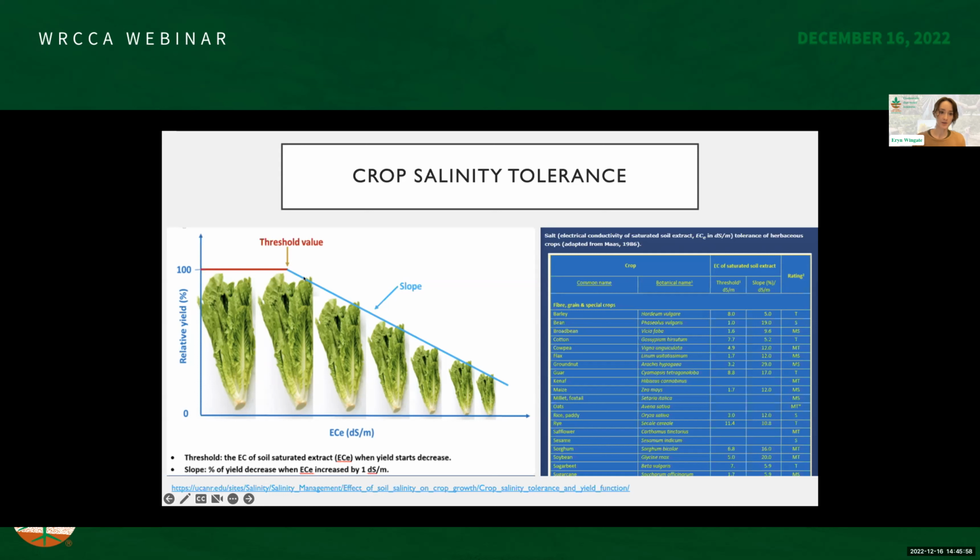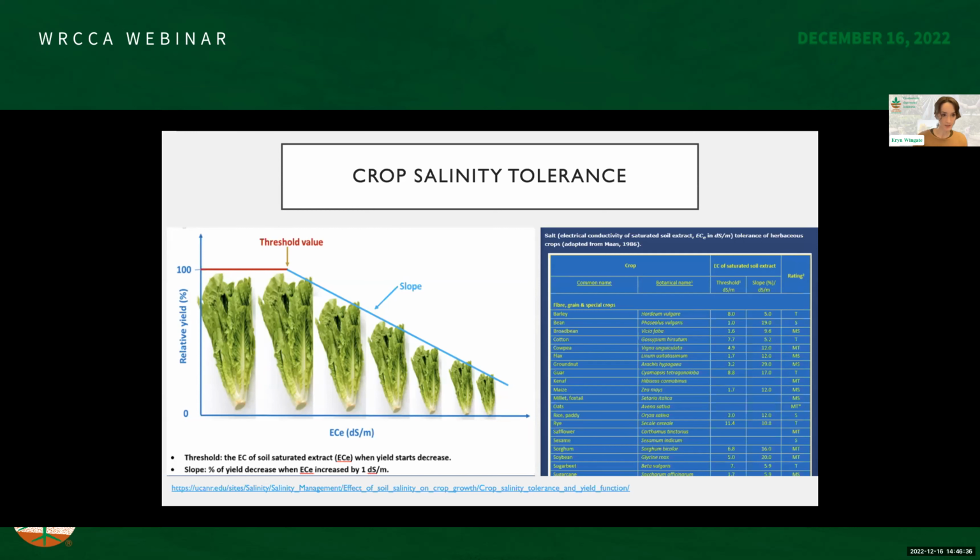It shows, okay, if my EC is going to go from 1.5 to 3, you can estimate the potential yield loss from that. You can get this yield loss even without showing the severe tip burn. So sometimes this ends up being a silent problem that goes undiagnosed, but you're still losing out on some potential crop production.